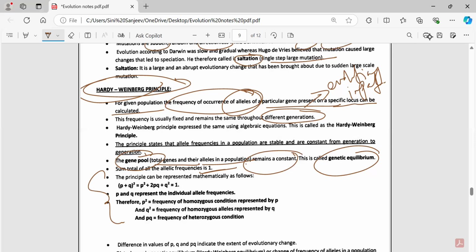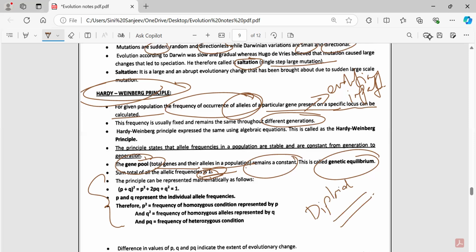The sum total of all the allelic frequencies is 1, as already written here. If you take a diploid organism and take the frequencies of the alleles as p and q, with the alleles being capital A and small a respectively.